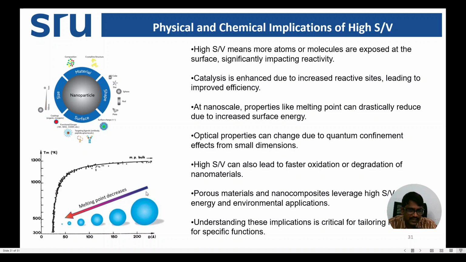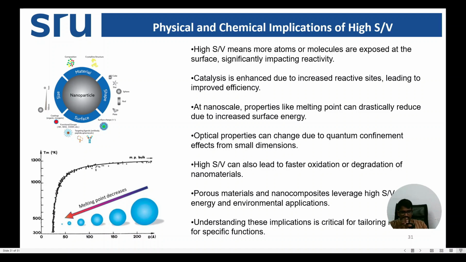As the particle size decreases, the melting point decreases. What does it mean? For example, you take one material, you heat it, and it melts at 100 degrees centigrade, with a particle size of around 500 nanometers.